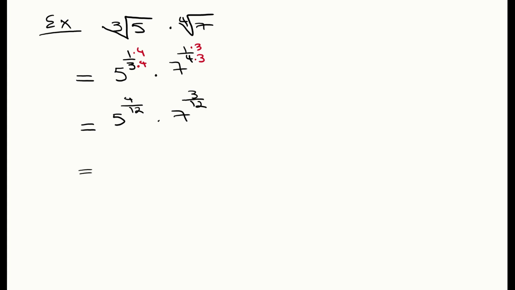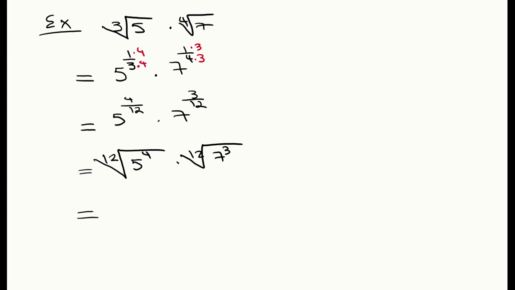Now what we can do is we've basically exhausted how much help we're going to get from rational exponents. We're going to go back to radical form now, because we realize the 5 to the 4/12 we can write as the 12th root of 5 to the 4, and the 7 to the 3/12 we can write as the 12th root of 7 cubed.